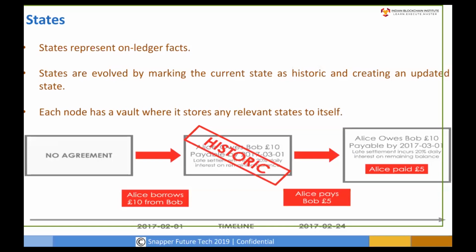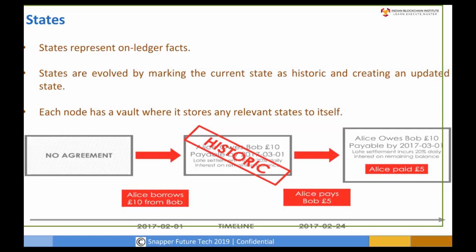So as you can see in the diagram, the first transaction is that Alice owes Bob 10 pounds. So that is one transaction.